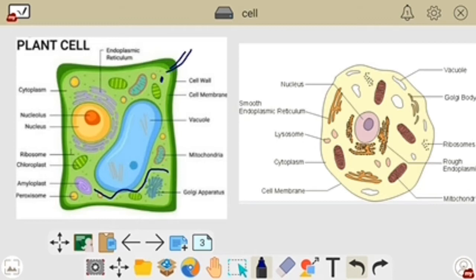It is covered with a cell membrane, and in the center of the animal cell, the nucleus is present. Here you can see in between the nucleus, a small sphere is present which is called nucleolus.